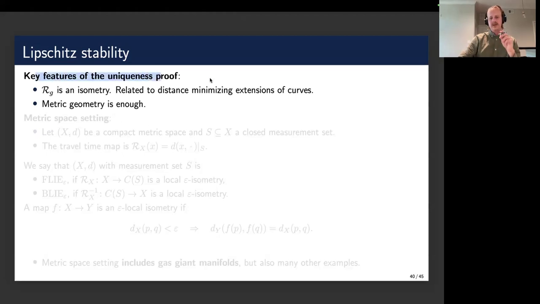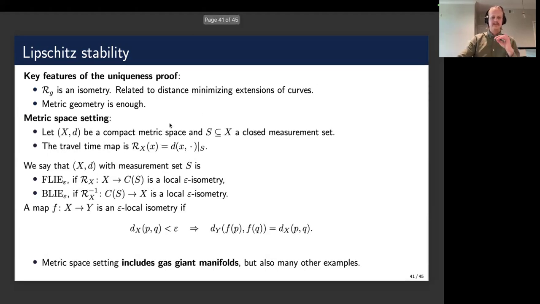So as we saw on the earlier slide, the key features you need in this proof are that this RG mapping is an isometry, and this is very much related to distance minimizing extensions of geodesics or some curves. And also we show that somehow metric geometry is very much enough, because in your manifold cases, you can use those Myers-Steenrod theorems to extend metric geometry results to smooth results.